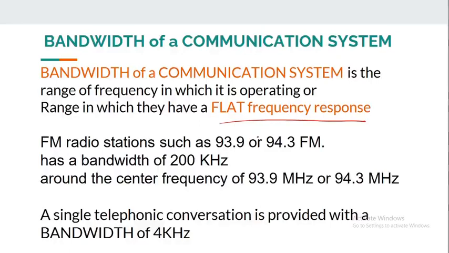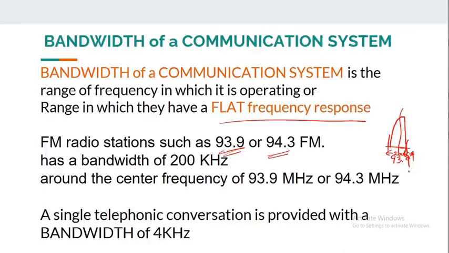FM radio stations, for example, what we call 93.9 and 94.3 and so on, are channel names. These are actually signals accepted by the radio as a band limited signal with the center frequency, that is 93.9, just like this. Its frequency response will be like this. Around 93.9 we will have a 200 kilohertz band.